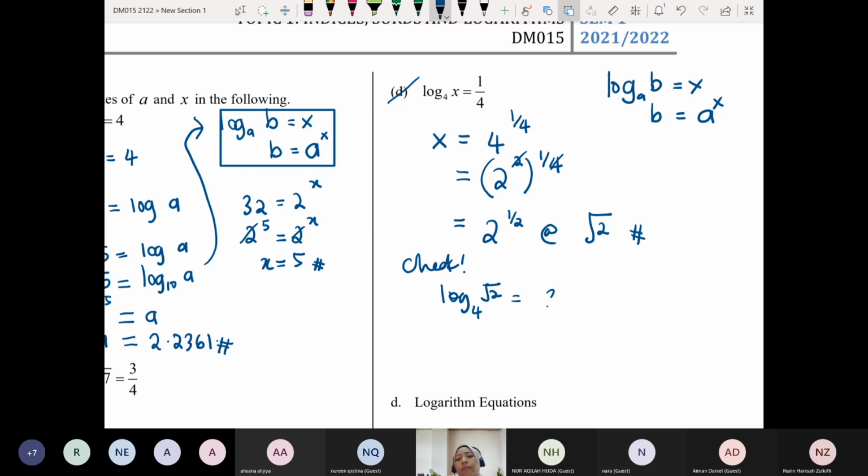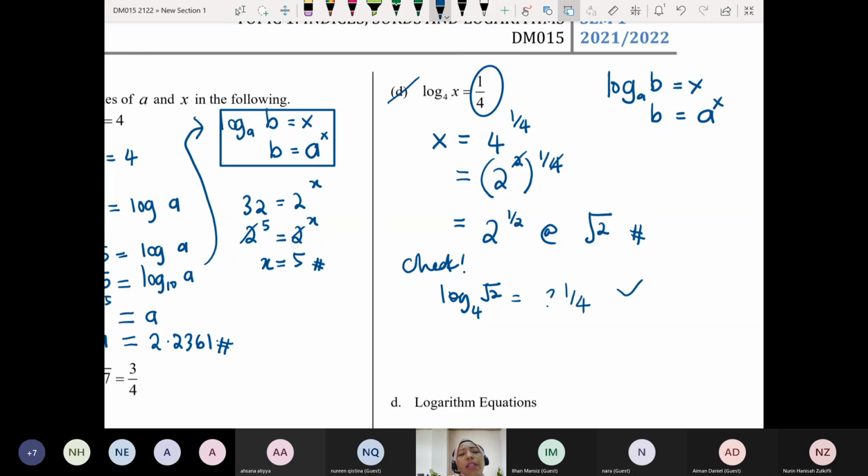Dapat berapa? Okay, student, what's your answer? 1/4. Okay, 1/4. So kita dah check, dapat sama.